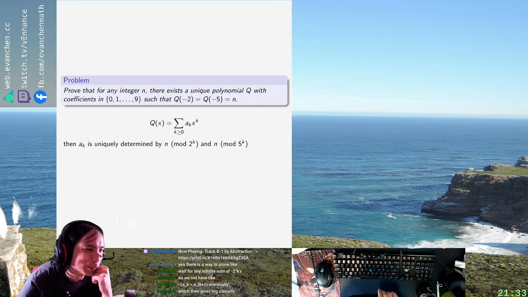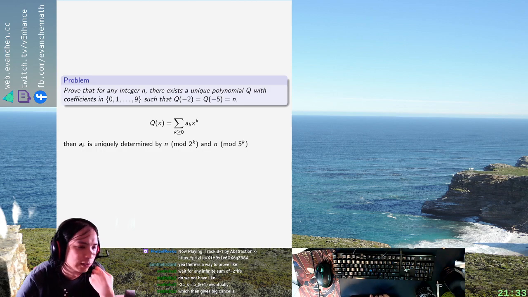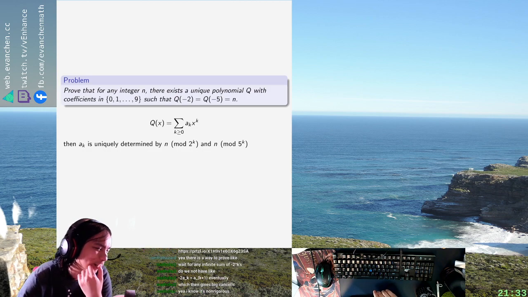Yeah, that's not how infinite sums work, sorry. What you are thinking about is like the p-adic metric, where this does make sense because numbers are small if we have lots of factors of 2, is the way you define it. But over the real numbers, that's not gonna work. So I kind of want to do it over the p-adics, honestly. I don't know if that will do anything. Yeah, that might just do nothing.